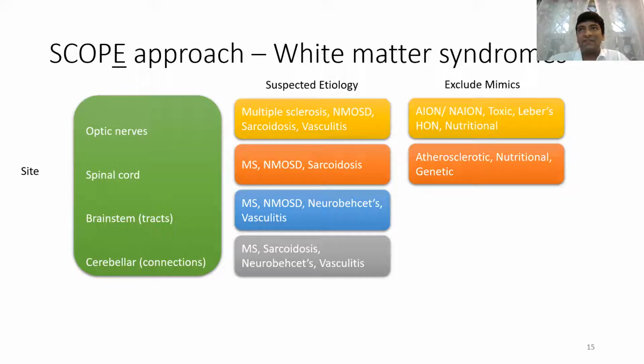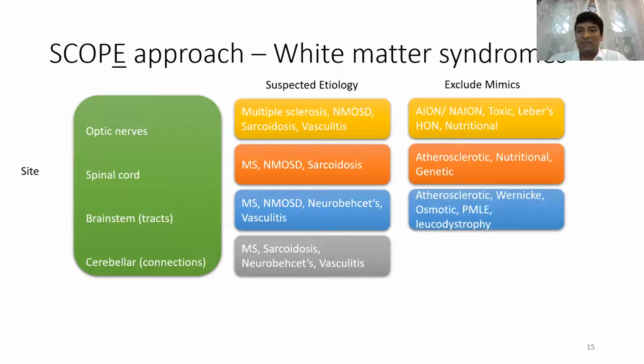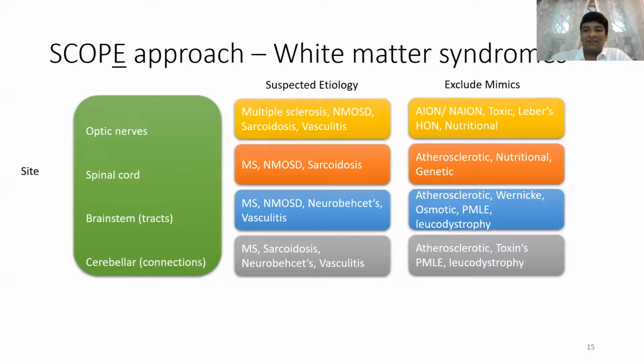Spinal cord syndromes, of course, ischemic and atherosclerotic diseases, especially aortic aneurysms, nutritional, as we mentioned, copper and B12, and the entire spectrum of hereditary spastic paraparesis and so on should be carefully excluded. Brainstem disorders, apart from the atherosclerotic, the other important mimics here are osmotic demyelination and Wernicke's encephalopathy, and of course, the infections, progressive multifocal leukoencephalopathy, which is HIV related.